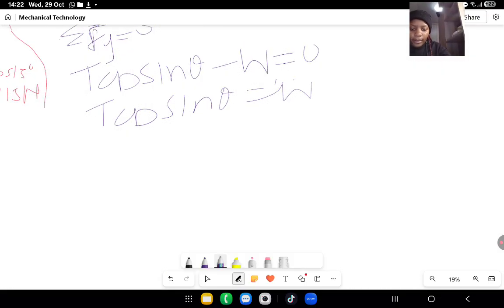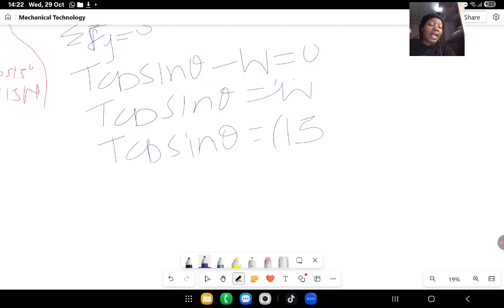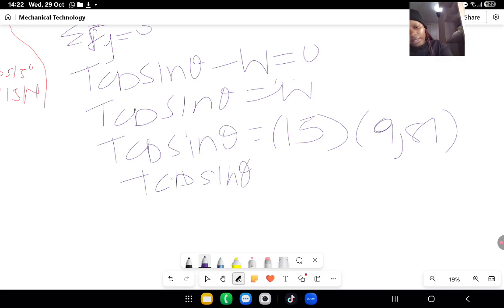So now, since we know that our mass is 15, our weight is mass multiplied by g. Our g is always constant. TCD, the sine of theta, equals 15 times 9,81, which is 147,15 N, equation 3.